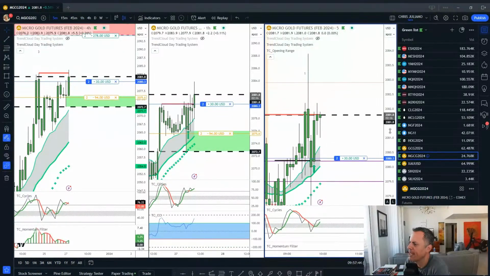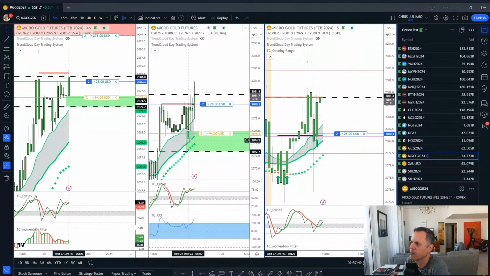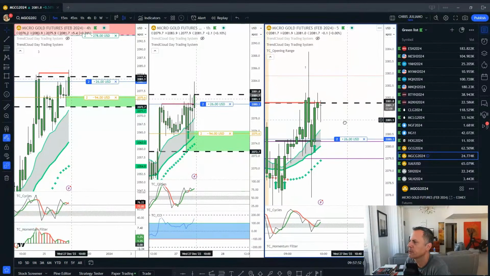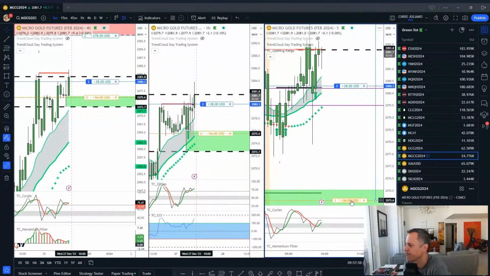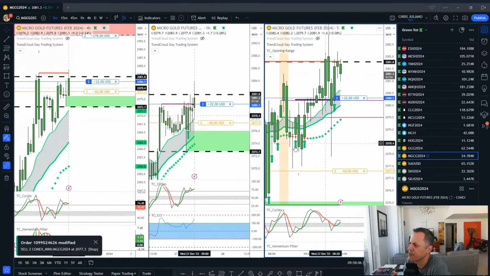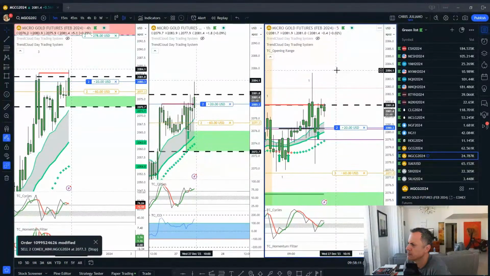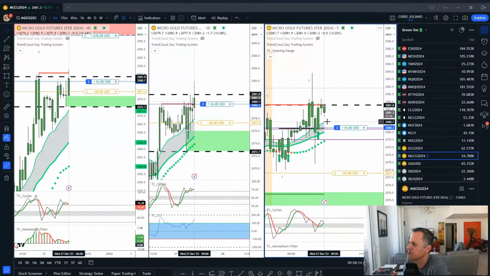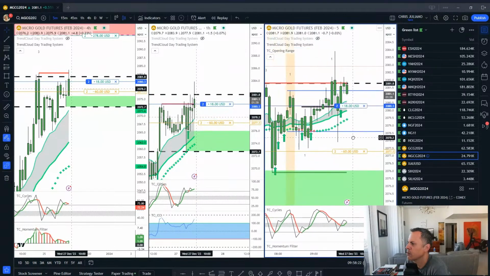All right. So when you have perfect conditions, that's when you take the trade, right? We can take this consolidation here. Got a nice break above. And remember, this is micro gold, so we're looking at that 15-minute opening range.